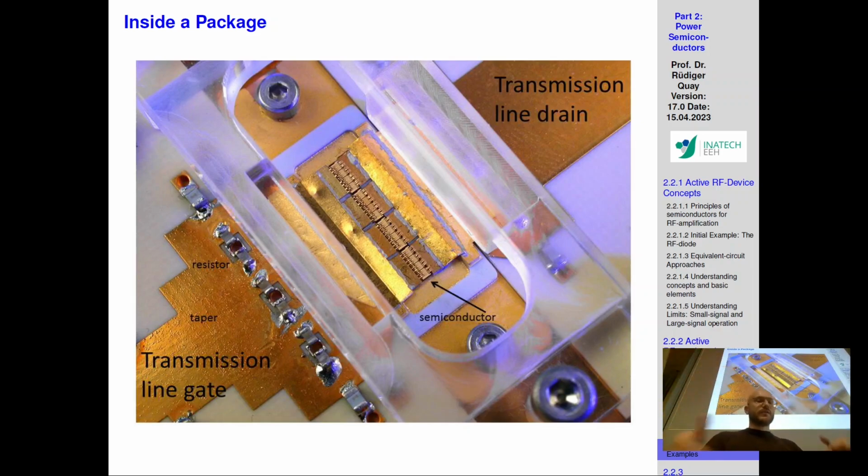I showed you in the last lecture, and you can see it in the video of the last lecture once it is uploaded, how this pre-matching is designed inside the package, and that the CST EM simulator comes into use there as well. There is also application for CST in the modern design of such power bars.